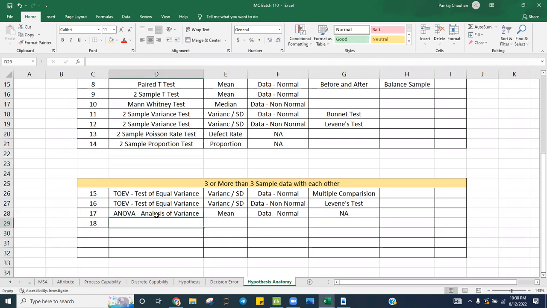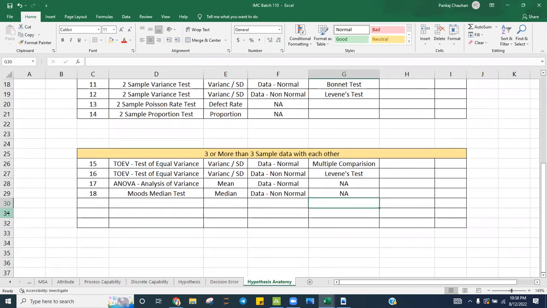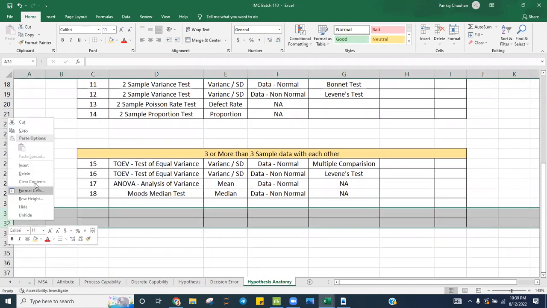Or you will be using the Mood's median test, where you are going to compare the median, and for the median, data is supposed to be not normally distributed. So these are the 4 tests we perform when you have 3 or more samples to compare.